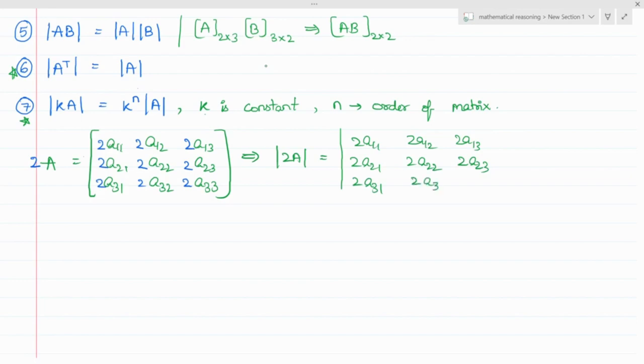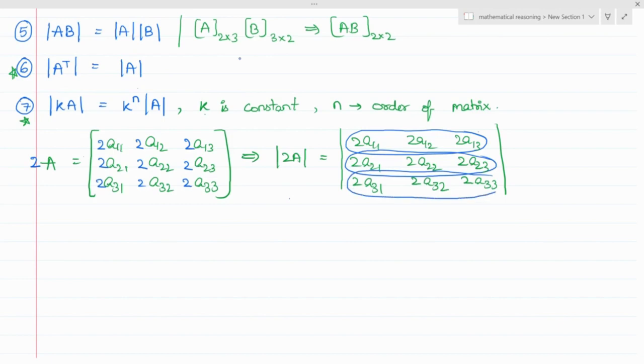2A31, 2A32 and 2A33. Now, I've already told you when you are taking a constant common from the determinant, you need to consider it either row wise or column wise. So when you are taking 2 common from here, from row 1 you take one 2 common, from row 2 one more 2 common, and from row 3 one more 2 common.